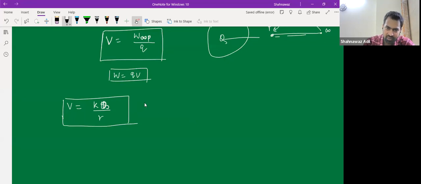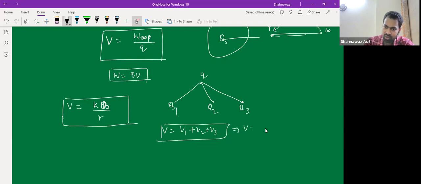And then we understood the electric potential of multiple charges. Let's say this is the test charge, and this is Q1, this is Q2, this is Q3. The electric potential was simply the algebraic sum, which came out to be KQ1 by R1 plus KQ2 by R2 plus KQ3 by R3.